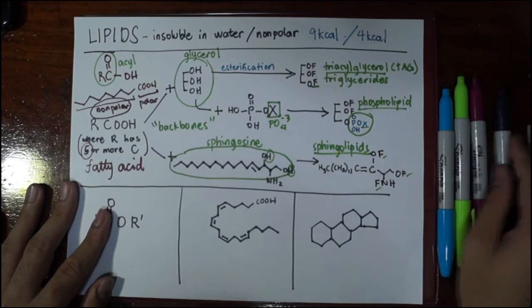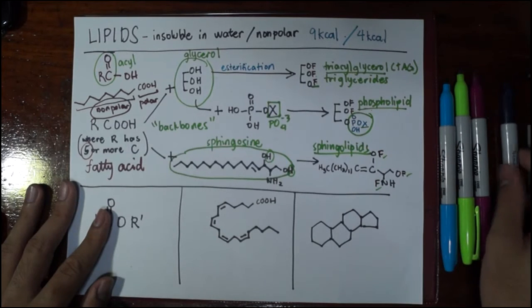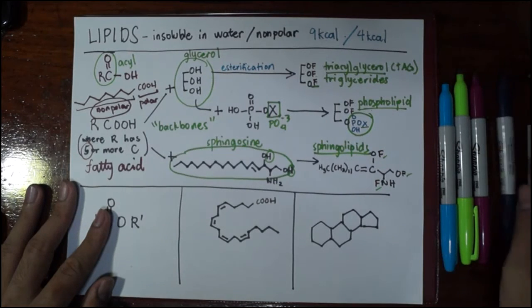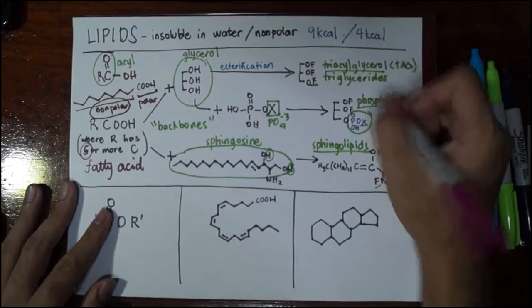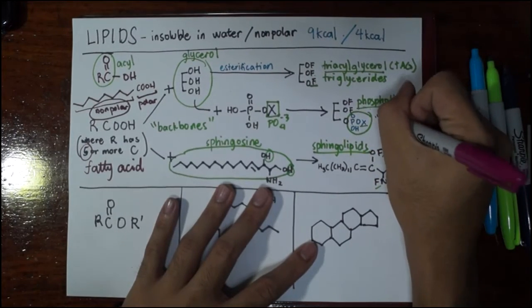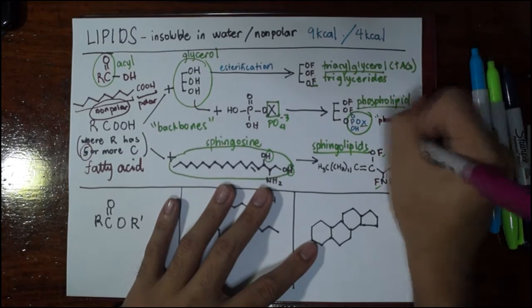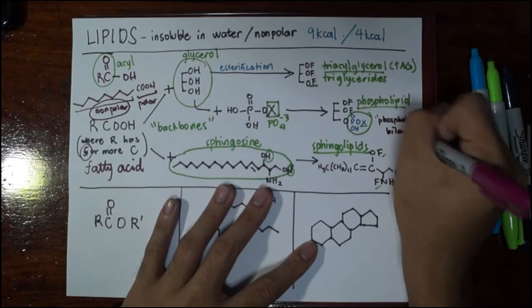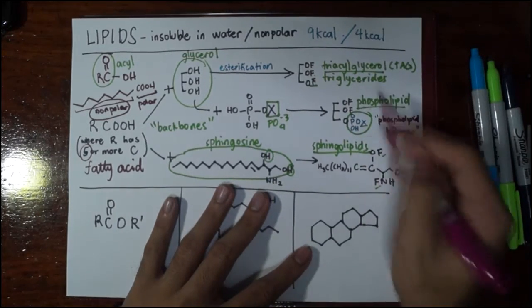Okay, so phospholipids in turn are very much known because they provide the structure of the cell membrane. Remember, we mentioned the cell membrane as a phospholipid bilayer, and so this is actually the one that comprises much of our double membrane.